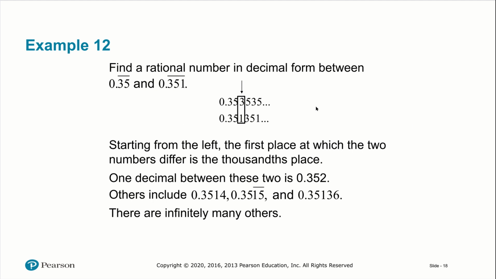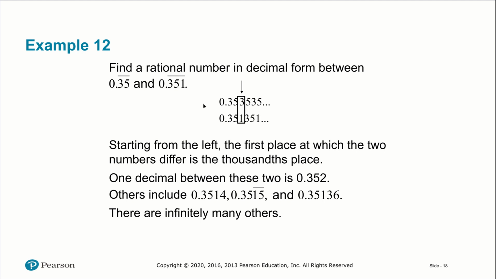All right, in our last example of this lesson, which is probably our shortest lesson so far, we're going to find the rational number in decimal form between these two numbers. So remember, the trick is to write them out a few times.